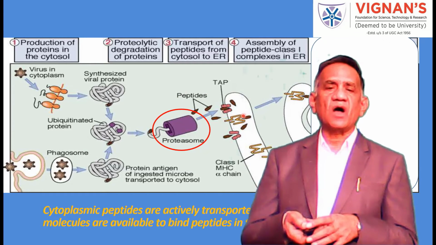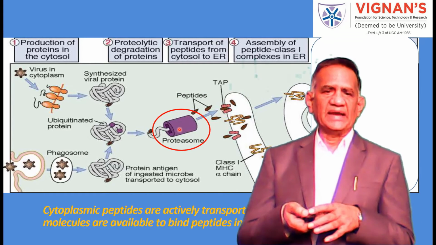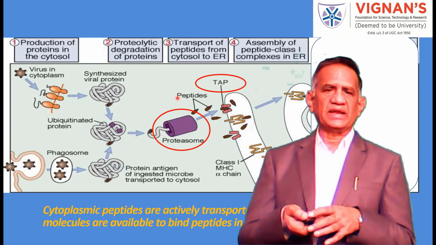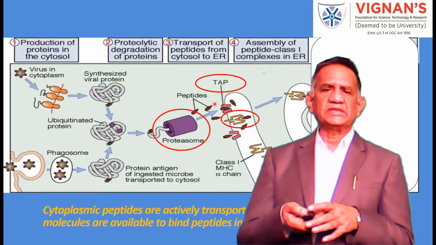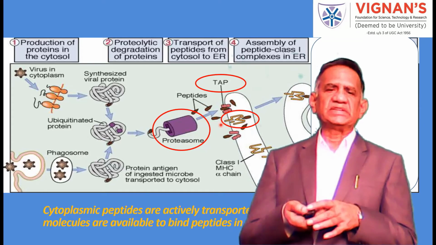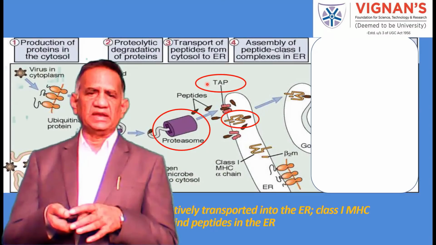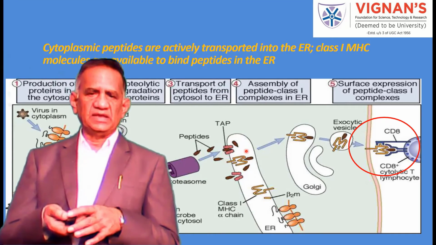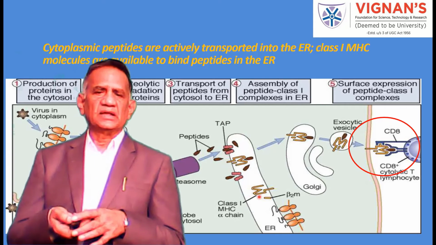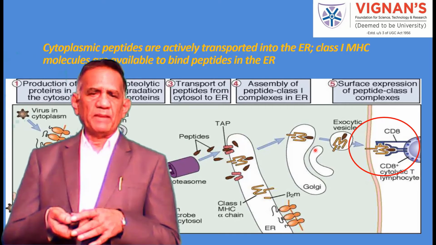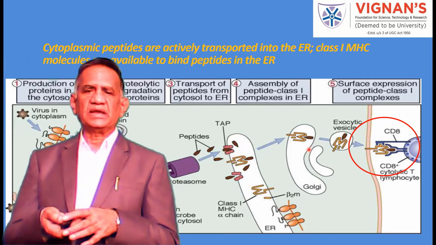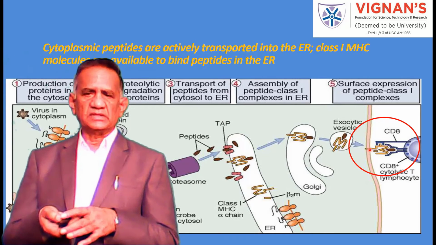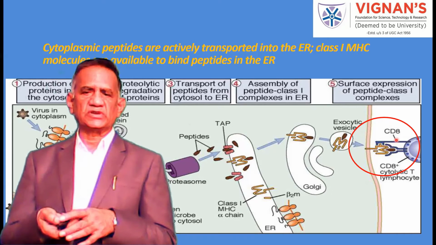That protein mill is called proteasome, and through this proteasome the peptides are released, and the peptides are passing through TAP, that is transporter associated with antigen processing, into the endoplasmic reticulum. In the endoplasmic reticulum there is MHC class 1, and into that the peptide gets anchored, and ultimately the peptide gets released out of the cell to the CD8 cell, that is cytotoxic T lymphocyte.